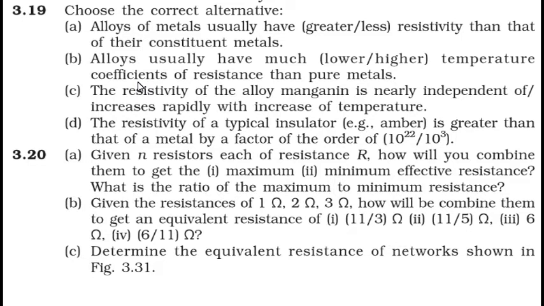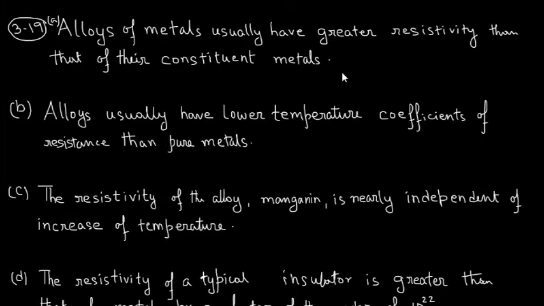Now let us see question number 3.19. Choose the correct alternative. A. Alloys of a metal usually have greater or less resistivity than that of their constituent metals. Solution of part A is, alloys of a metal usually have greater resistivity than their constituent metals.